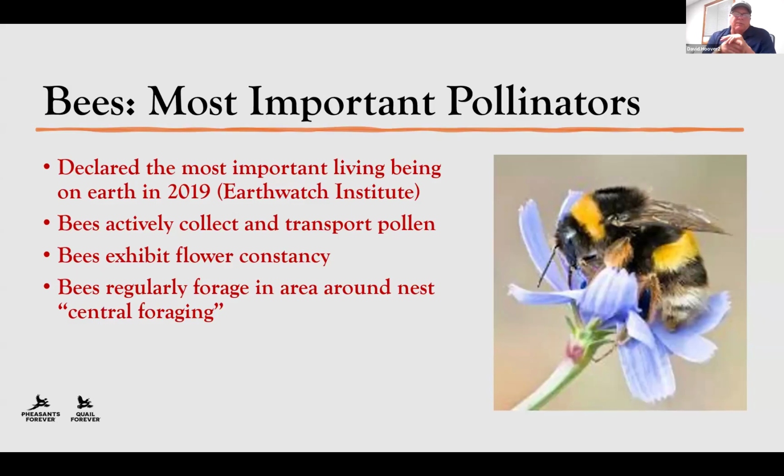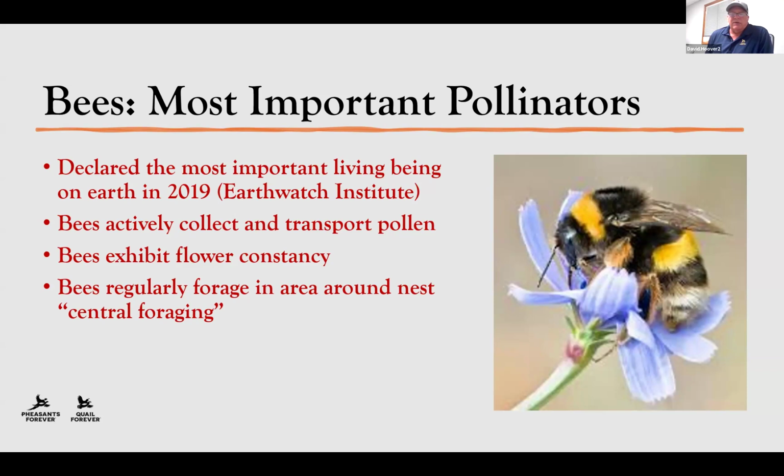The thing about bees is they actively collect and transport pollen, and they exhibit something called flower constancy. And what that means is, let's say they're visiting bergamot, or bee balm as you may know it.